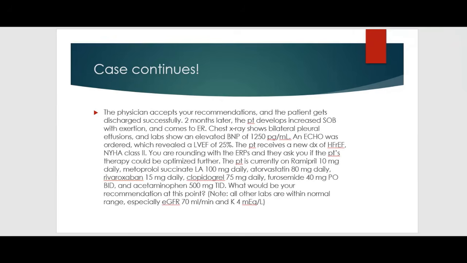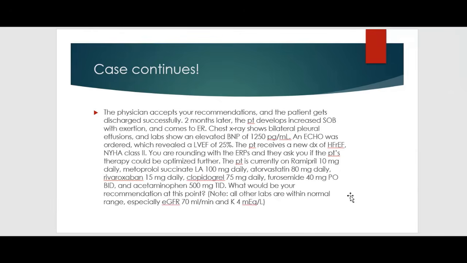So if the GFR is more than 30, which is the case here, and the potassium is less than 5, you should start or recommend to start spironolactone or eplerenone in this patient. Of course, you have to carefully monitor the potassium and renal function, and the dose of the MRA.